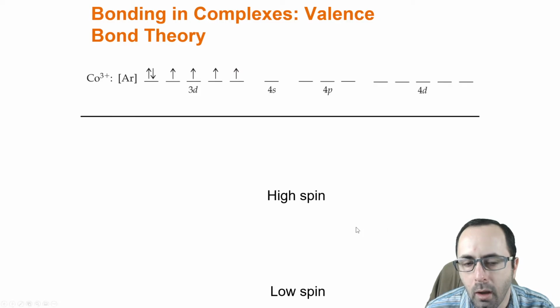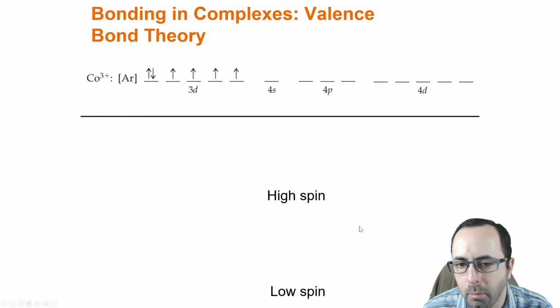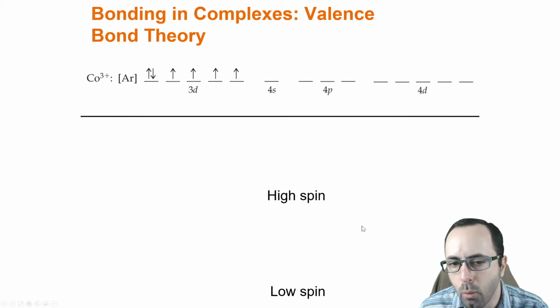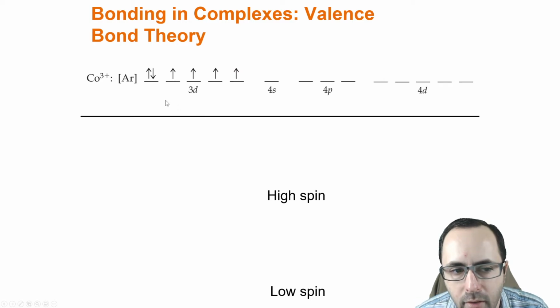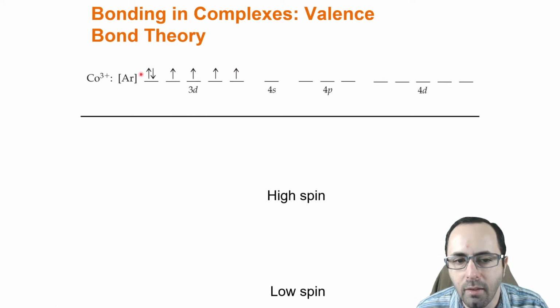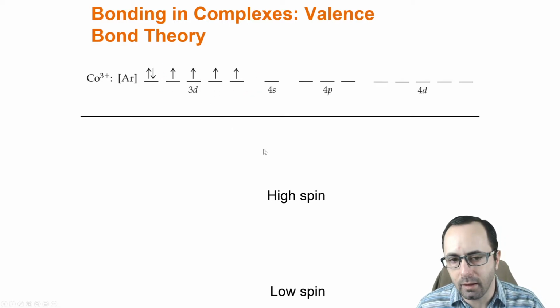Now when it comes to producing the complexes, sometimes there's more than one way in which the hybridization can go. This is true for cobalt 3+. So we saw cobalt 2+, which had 7 d electrons. Cobalt 3+ has one less, so it has 6 d electrons.